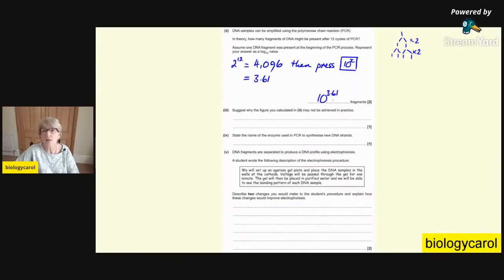The X is 3.61. So it's 10 to the 3.61. And that was the right answer. Notice you got 1 mark if you got as far as saying 4,096. Suggest why the figure that you calculated may not be achieved in practice.